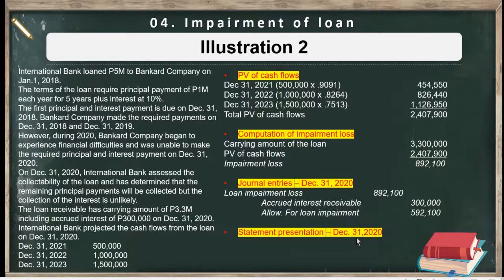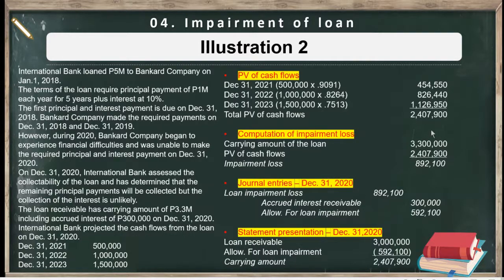Then for the statement presentation on December 31, 2020, this is how you're going to present this. So loan receivable, 3 million. This is the remaining amount that has not been paid. Then allowance for loan impairment, so the carrying amount is 2,407,900. So if you are asked, how much is the carrying amount of the loan as of December 31, 2020?